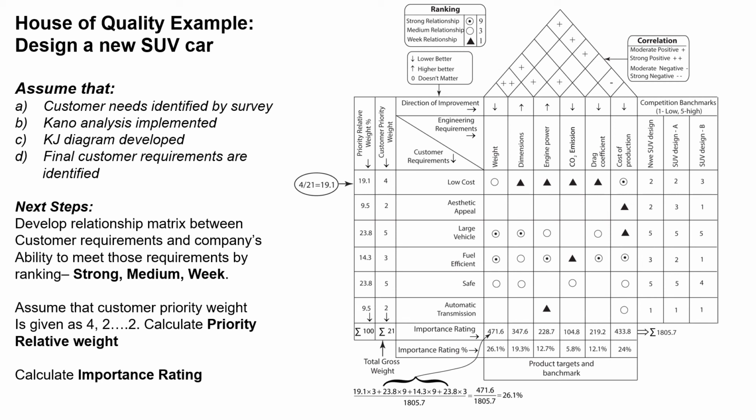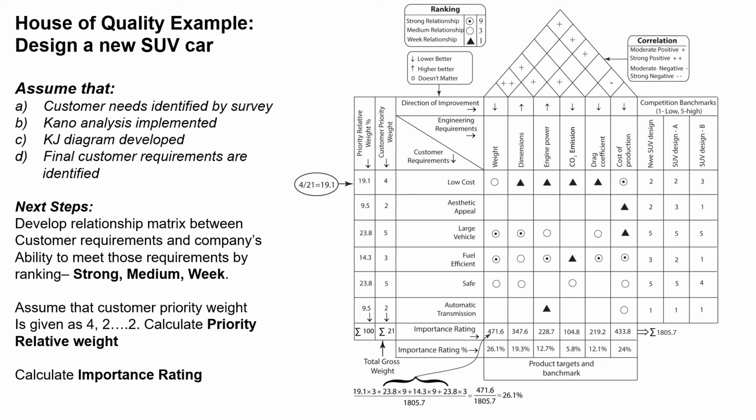On the left, you weight the importance of the customer needs, and then by indicating how strong the relationships are throughout the matrix, you can solve for importance rating and percentage at the bottom to tell, for instance, cost is influenced by a lot of these engineering requirements, so it turns out being an important variable.